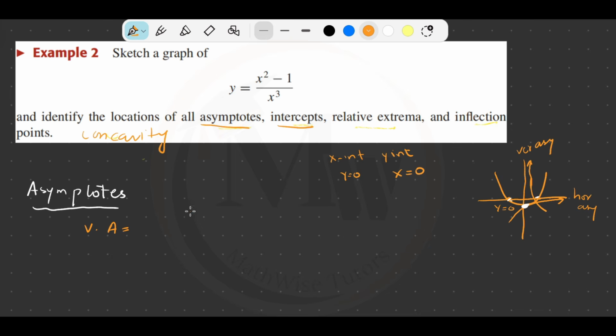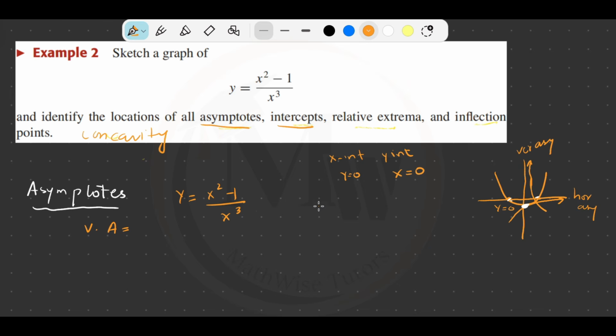Look at the function: y equals (x square minus 1) over x cube. At what value of x is the function undefined? It can be positive infinity, negative infinity, but it should be undefined. We know that whenever we have a fraction, the denominator being 0 makes the value undefined.